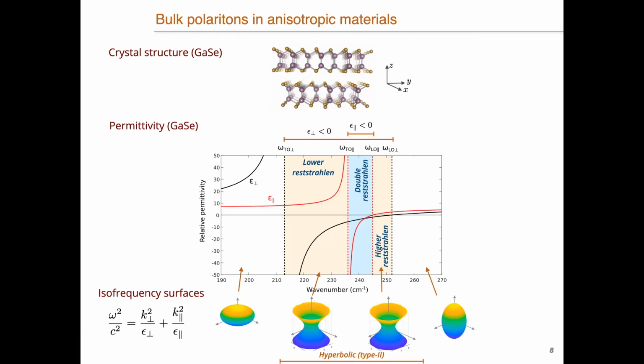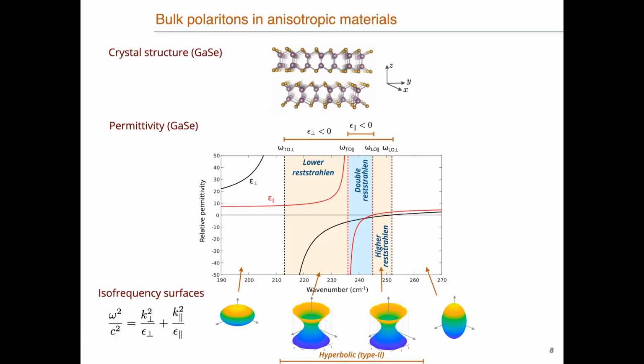What's most interesting are the regions where at least one of the two permittivities is negative and the other one is positive. What happens if you take this formula representing the propagation of polaritons and put a minus sign? Well, you will transform this closed surface into a hyperbolic surface that will be open.